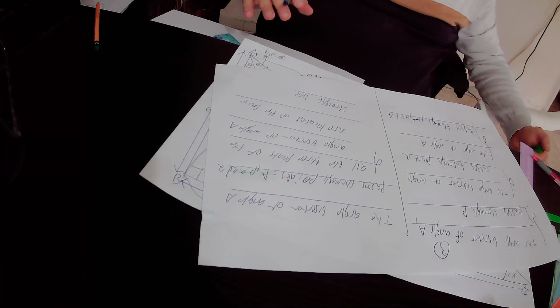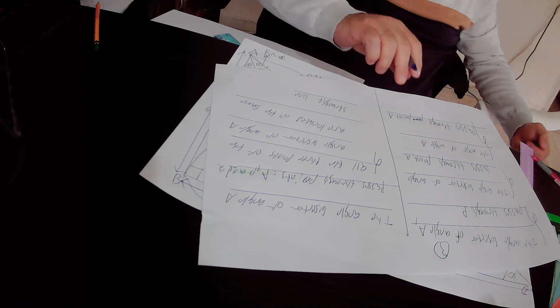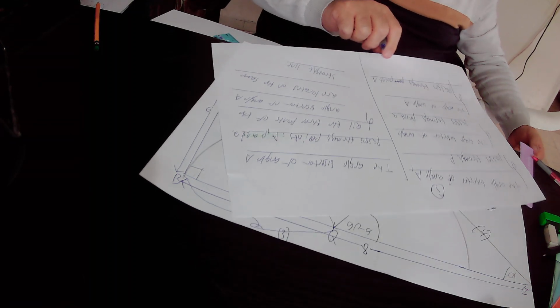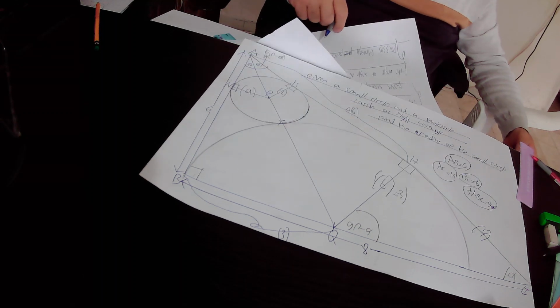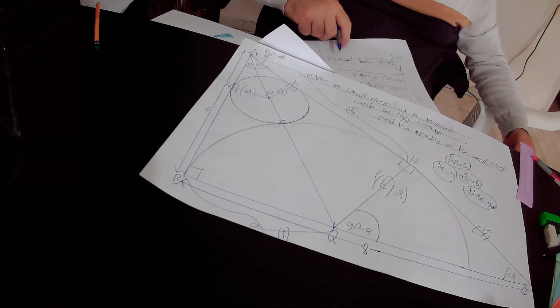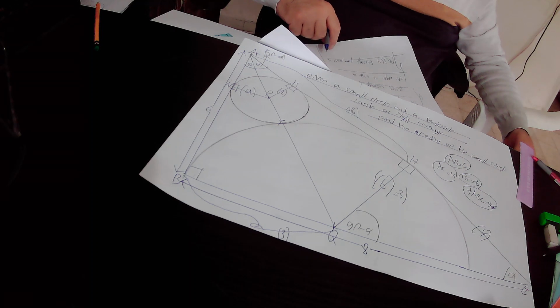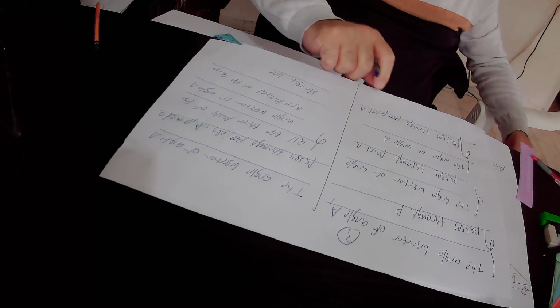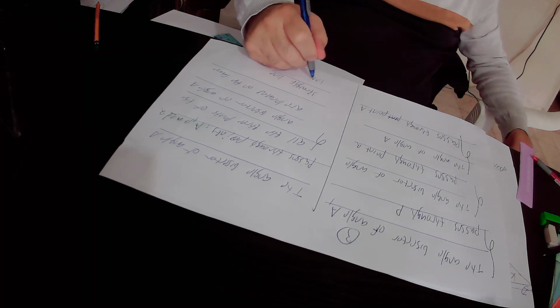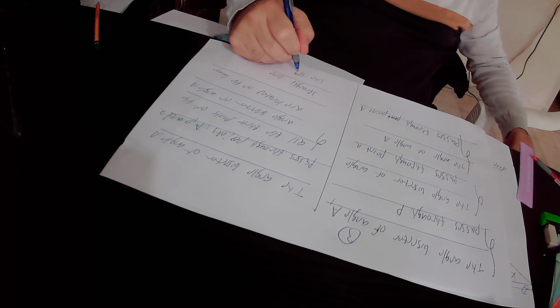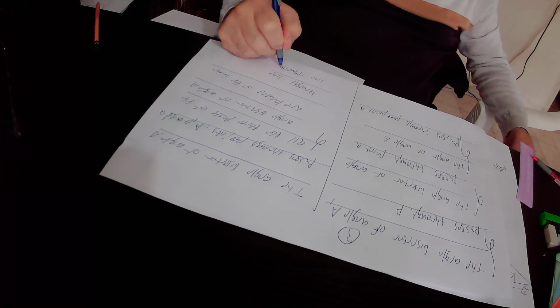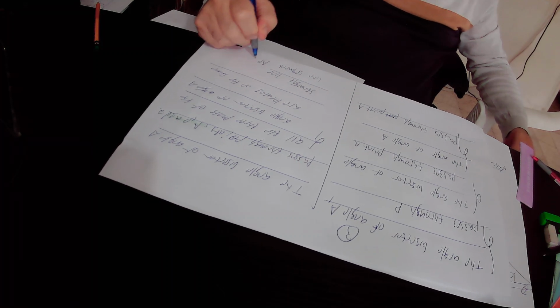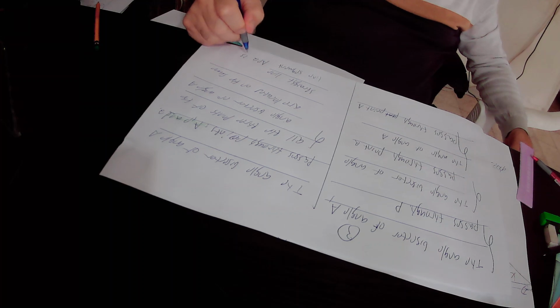So all the 3 points A, P, and Q are located on the same straight line, or we can say that line segment APQ is one straight line.